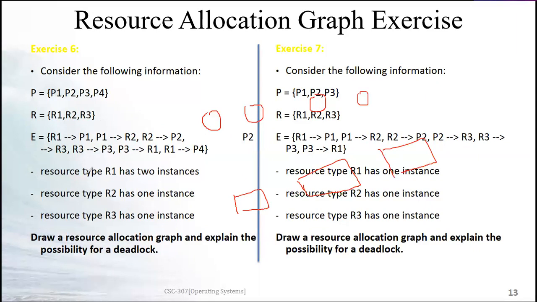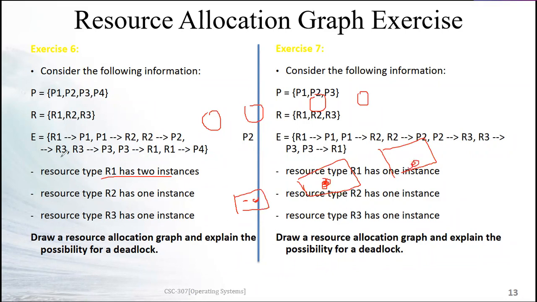Then we see how many instances each resource has. R1 has 2, so let's use 2 dots here. Then R2 has 1, so let's draw 1 dot here. And R3 has 1, so let's draw 1 dot here.